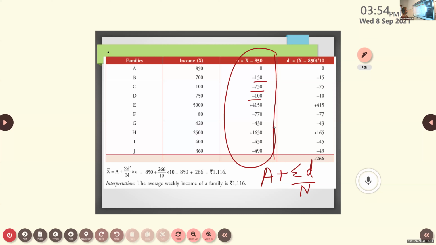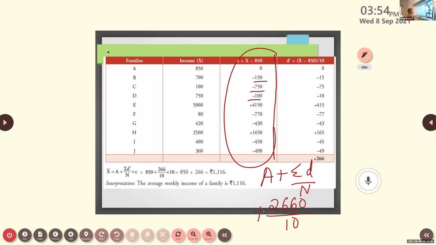Somebody might have got the answer. Please tell what answer you got for sigma D. 2660. Okay, 2660. What is the number of observations? 10. Divided by 10.